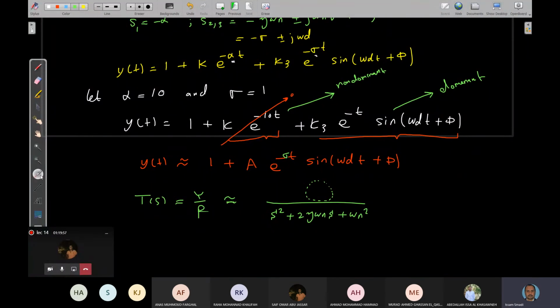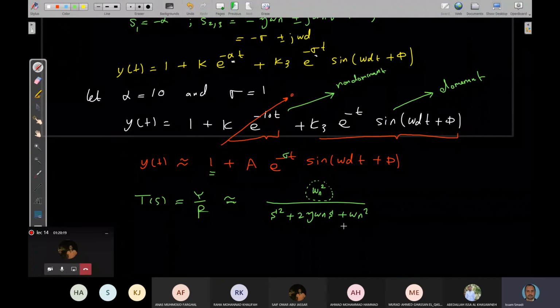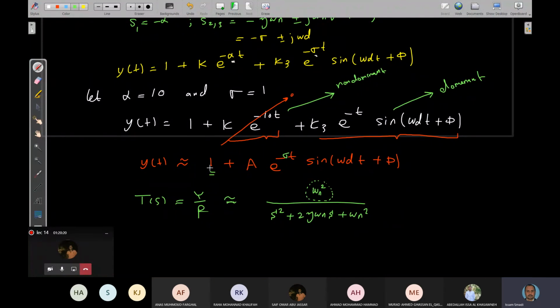What should I put here? WN تربيع. Here I should put تربيع, why? لأنه هون الواي ستيدي ستيت واحد يعني. And the steady state value. Now, do you see what I'm doing here? I'm only modifying the transient, but I'm not touching the final value.